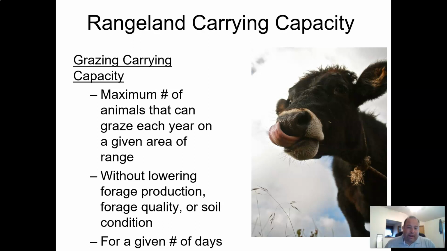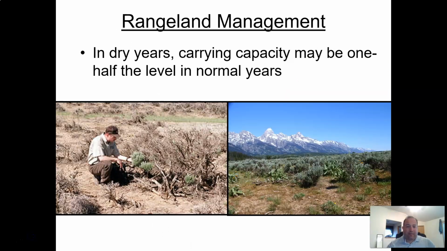So going over that again, the maximum number of animals you can have grazing in a specific area each year that do not cause damage to the land, and you have to set a specific number of days. But that's how we're going to measure grazing carrying capacity.